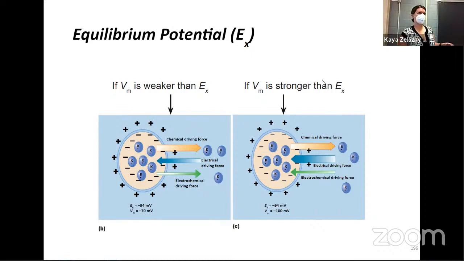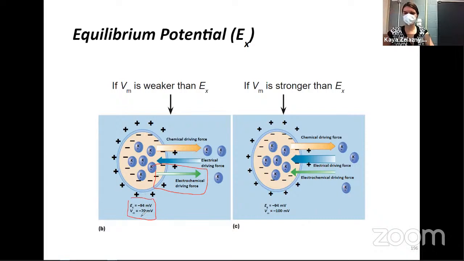You just have to know which direction would get us either more or less positive inside that cell. We're just going to have movement until we reach that number that is the equilibrium potential. Now, while we're looking at these, I should say, that's what tells us our electrochemical driving force. That's what these two numbers told us, right?